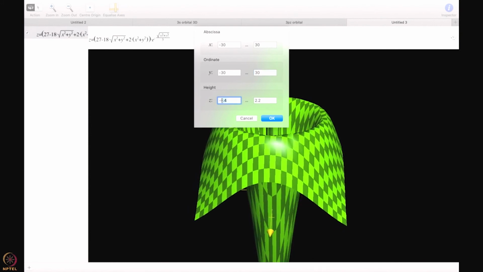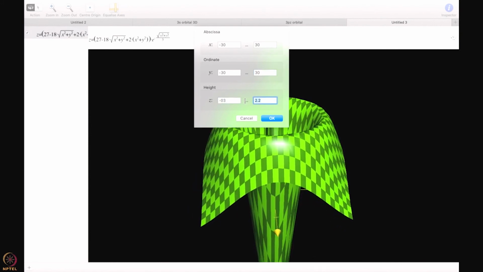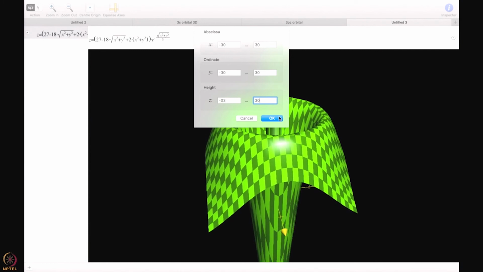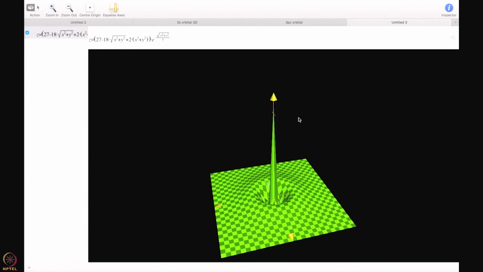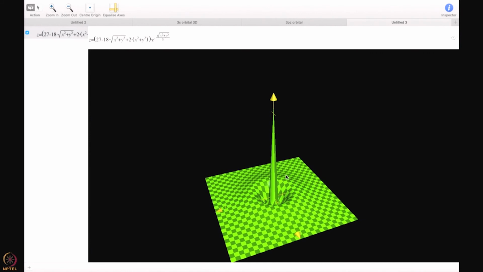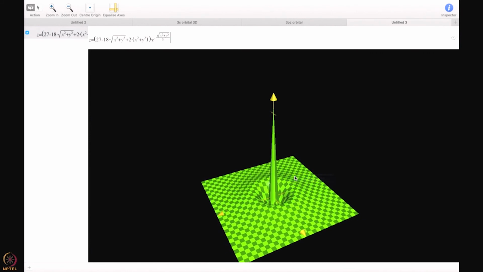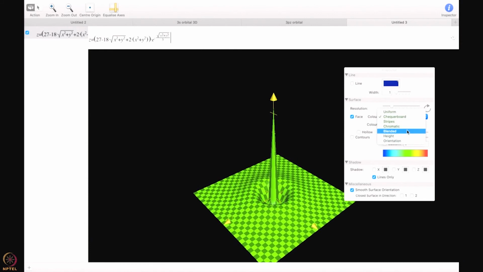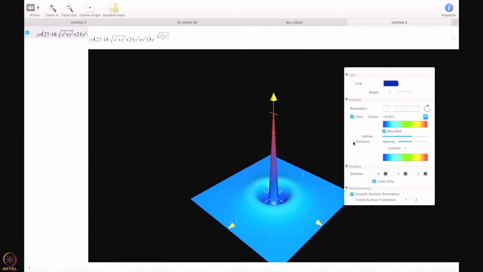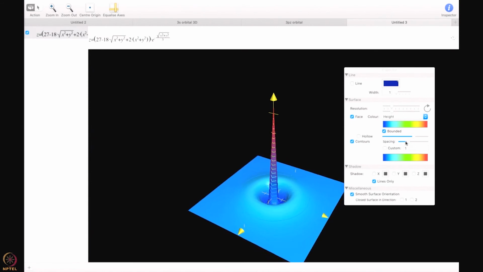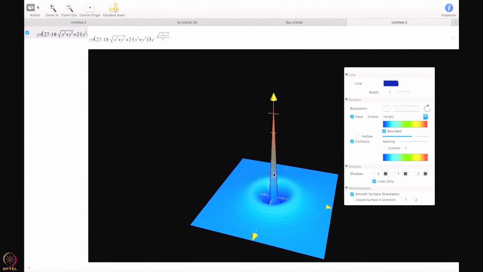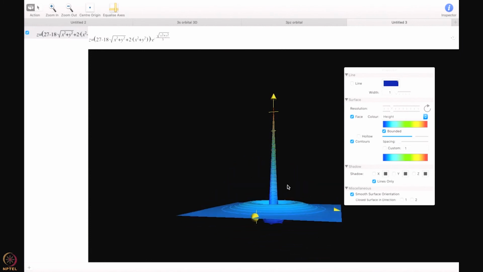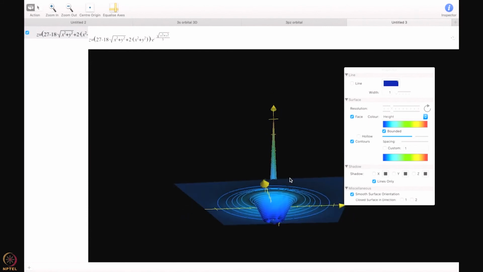This would be something like minus 3 to 30 or so. Okay, this is the 3s orbital. At first look, it might look exactly the same as the 2s orbital, but actually it is not.